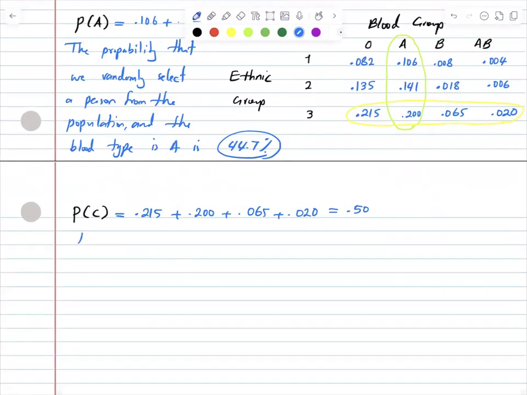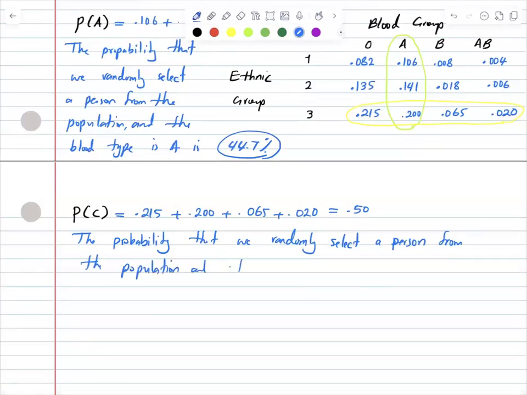So again, the interpretation is the probability that we randomly select an individual from the population and they belong to ethnic group number 3 is about 50%.